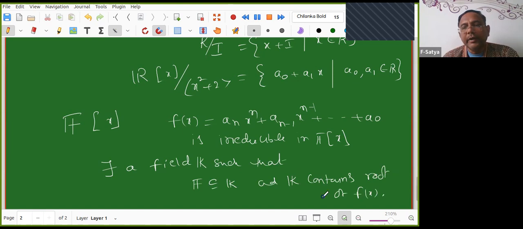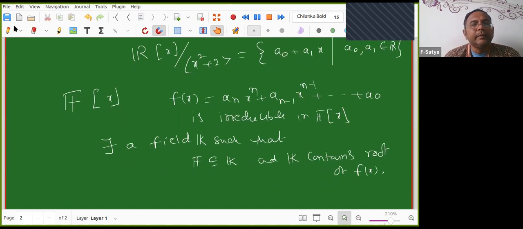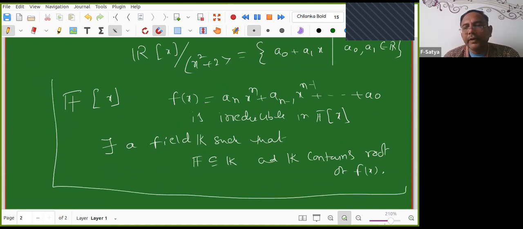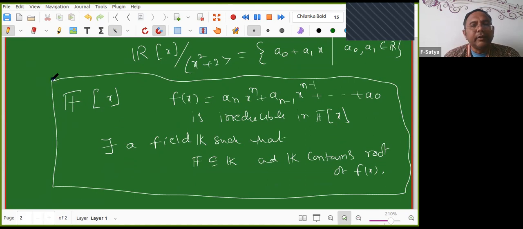Are you following this point? Without proof, I'm telling this. This fact is very useful. Kronecker's result actually revolutionized this. This is a very, very important result.